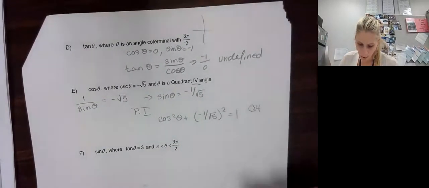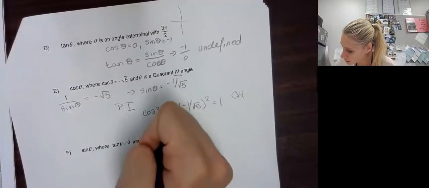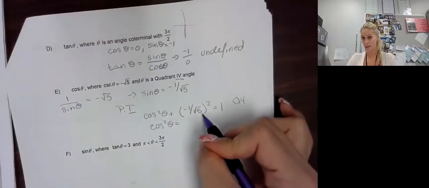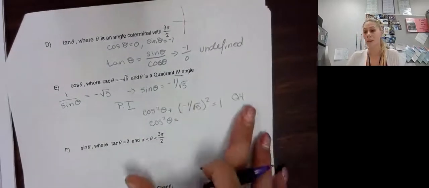So if we keep going with this, we end up getting that cosine squared theta equals, let's see, that would be 5 there. Sorry guys, I'm doing some math in my head. Oh, because that's positive, so we're going to subtract, right? So it's going to be 4 over 5. Now we have to take the square root.